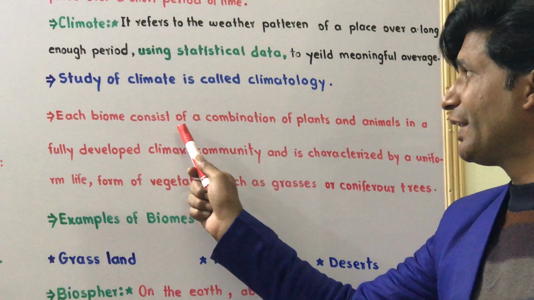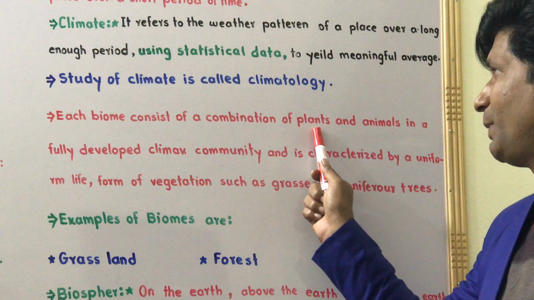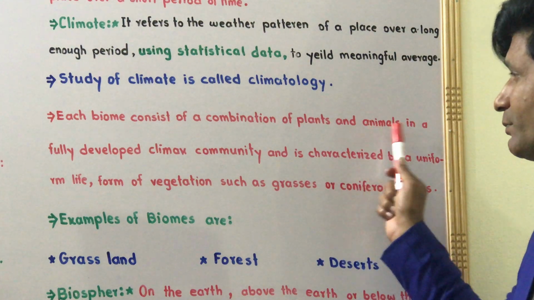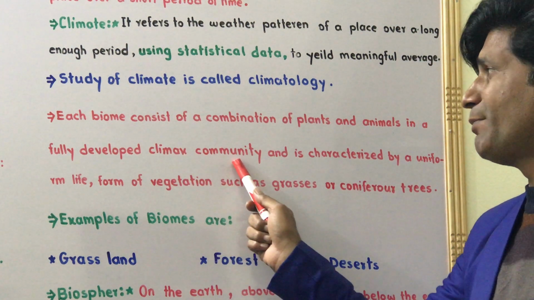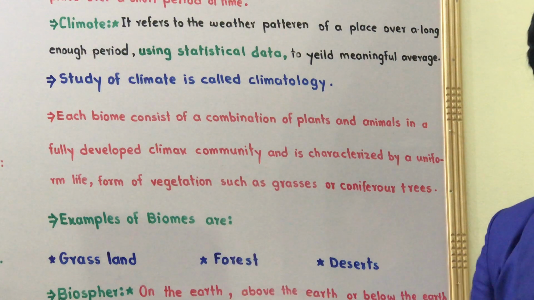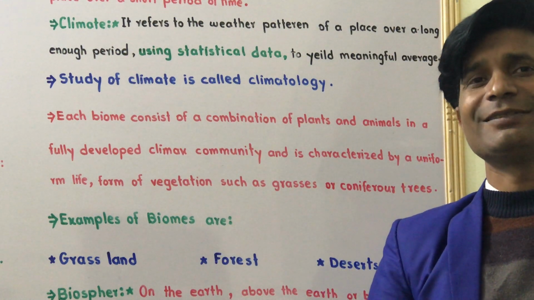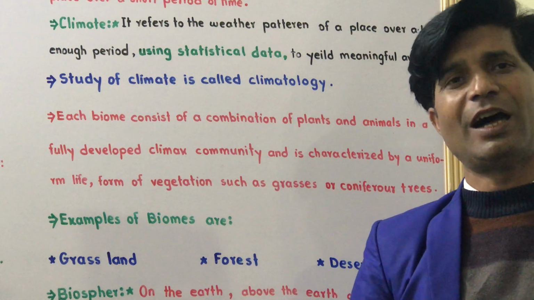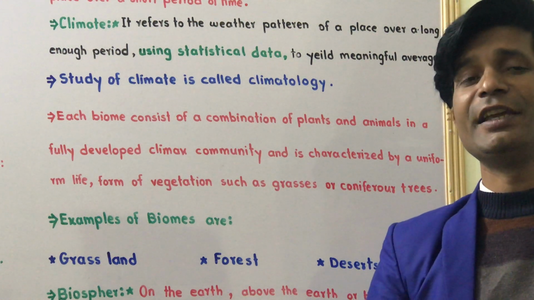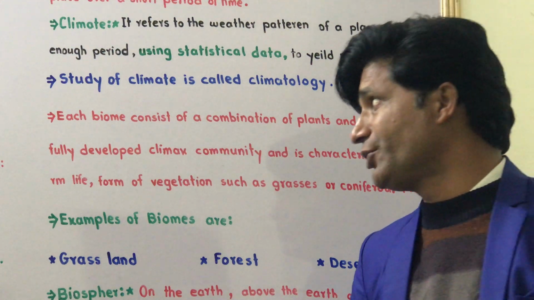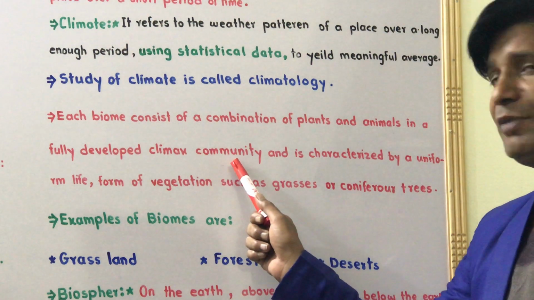Each biome consists of a combination of plants and animals in a fully developed climax community. What is a climax community? A community in which there are few chances of changes until the environmental conditions are changed is known as a climax community.